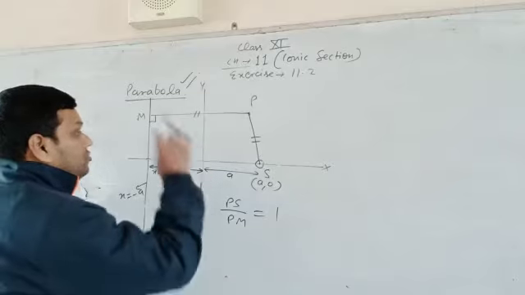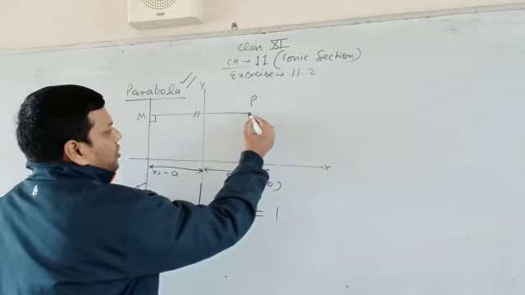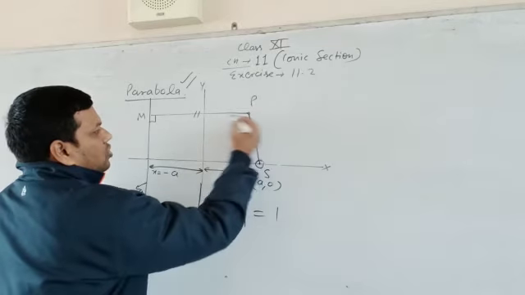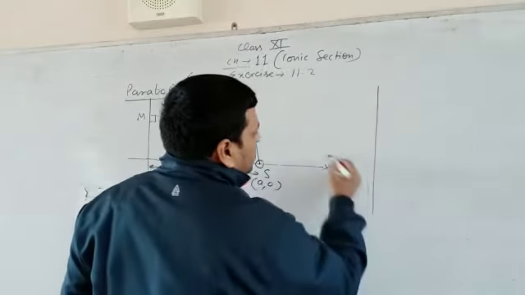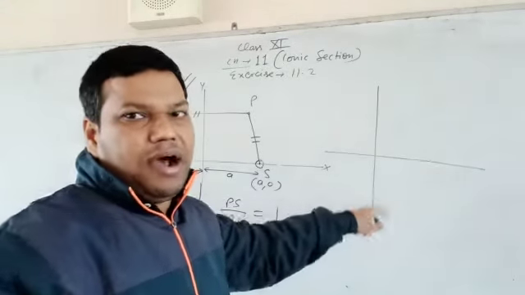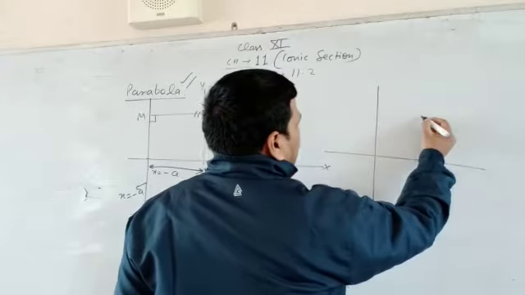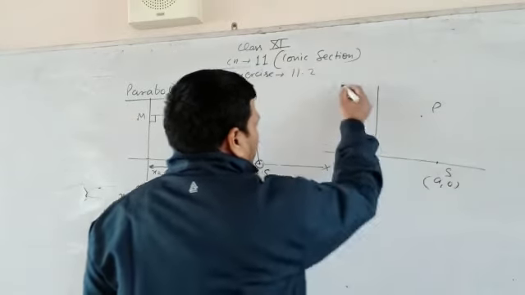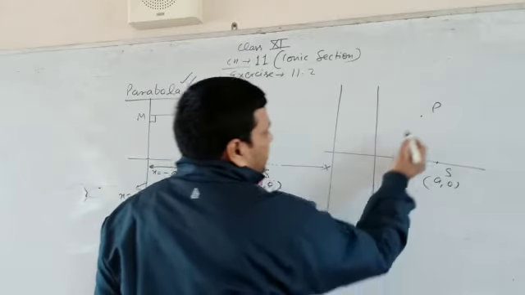If we draw this figure again so that you can understand: the point is P, the point is S (a, 0), and here the line is given.